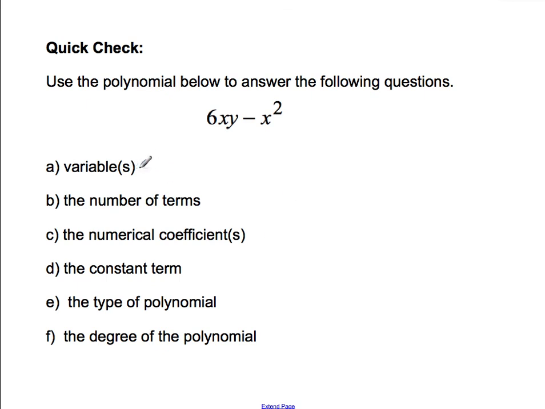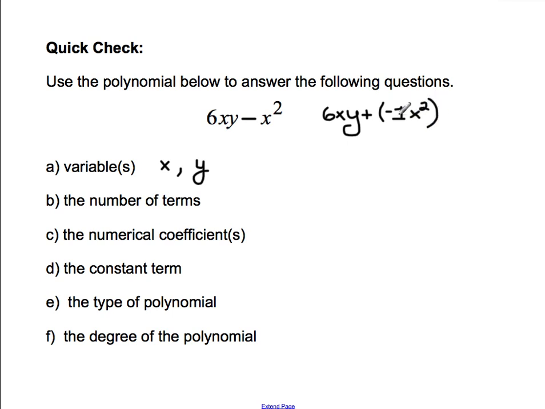Our variables here are x and y. Those are the 2 letters that are in our polynomial, our algebraic expression. For the number of terms, because of the subtraction sign, we can write it as an addition statement, and we can put in all our invisible things.